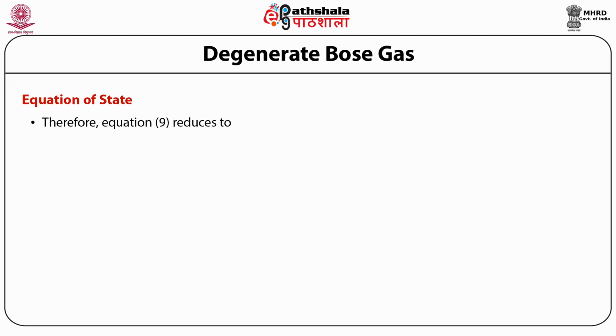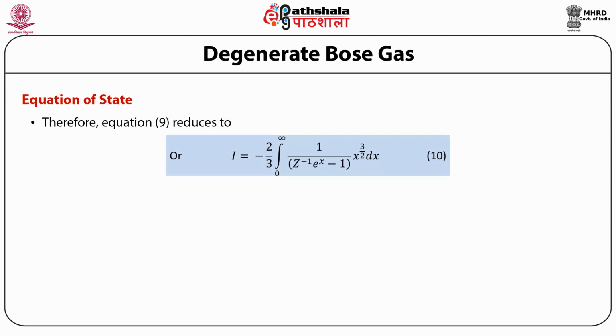Therefore, equation 9 reduces to I is equal to minus 2 upon 3 integral from 0 to infinity of 1 upon (z raised to power minus 1 e raised to power x minus 1) x raised to power 3 by 2 dx.